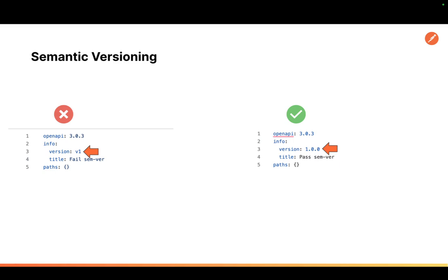Semantic versioning. We want each of our APIs that are exposed to be versioned following a semantic versioning approach. That means, on the right, having a major, a minor, and a patch version.